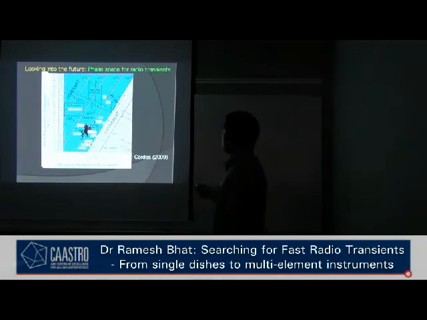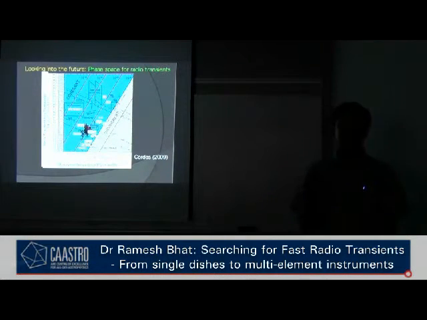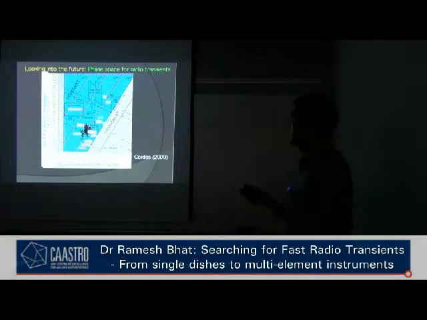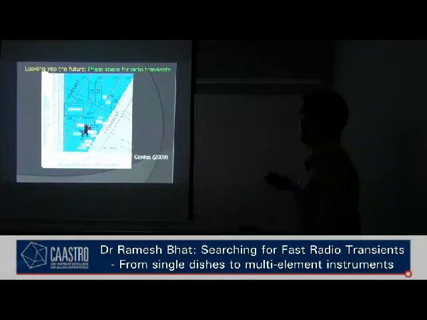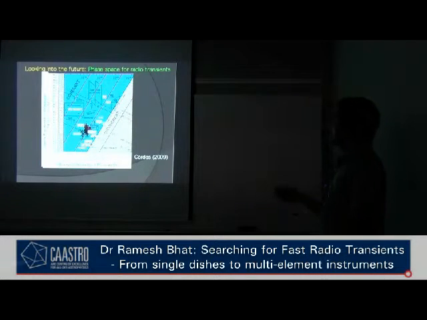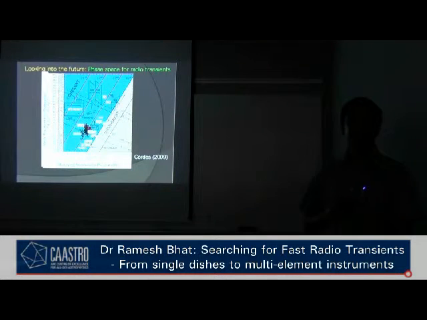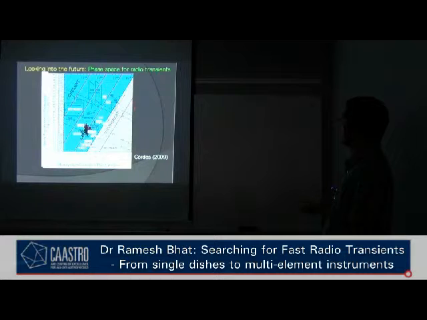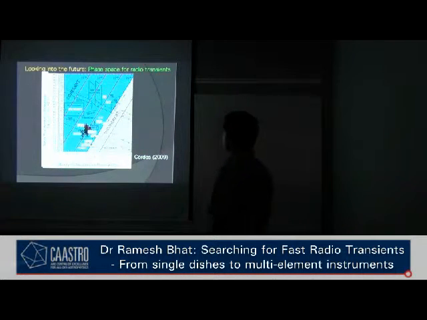Just to sum it up, all that you have known so far in the radio transients, like the giant pulses, rotating transients, magnetars and so on, if you put together in this so-called phase space plot, which is from Jim Cordes, it combines all the known phenomena into a single plot. It's essentially a plot of peak flux density multiplied by distance squared, which is some sort of a luminosity, versus frequency multiplied by pulse width.